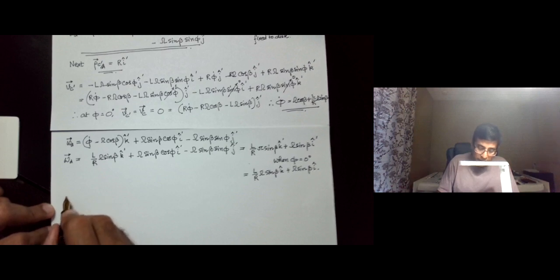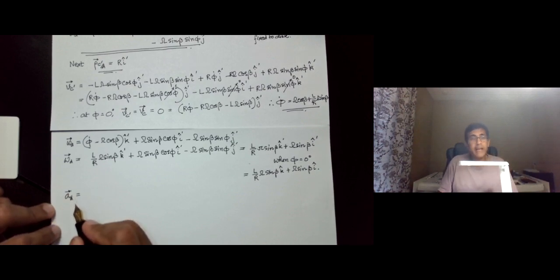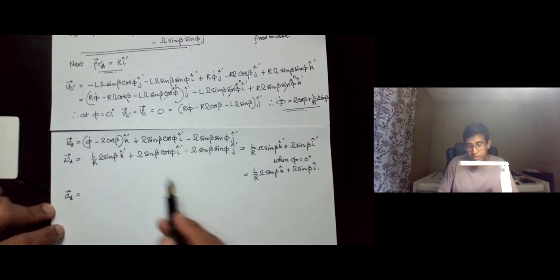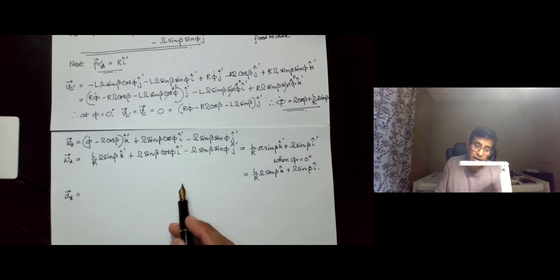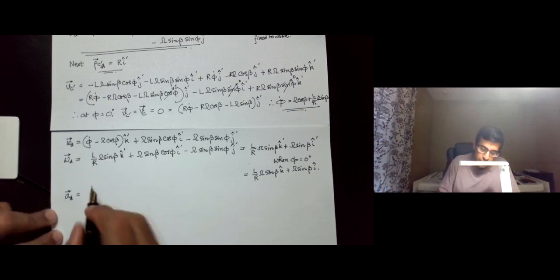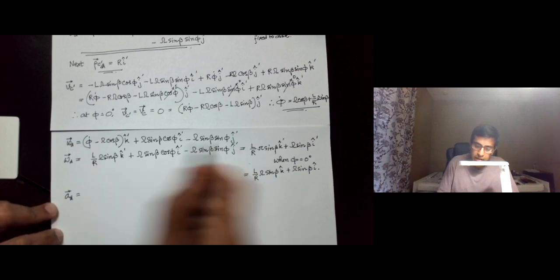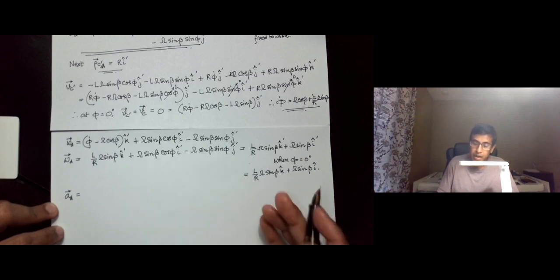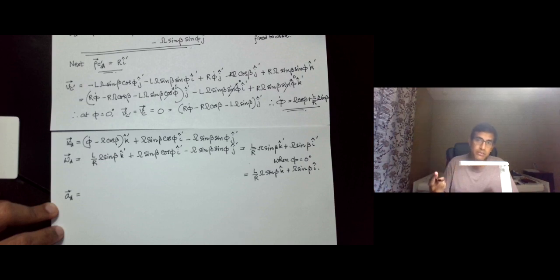Now let us go to find the angular acceleration. To find the angular acceleration, if we take this approach, that is, our I prime, j prime, k prime are fixed to the disk, then we need to take the derivative of this vector and consider I prime, j prime, k prime rotating with the angular velocity of the disk, because I prime, j prime, k prime are now fixed to the disk.